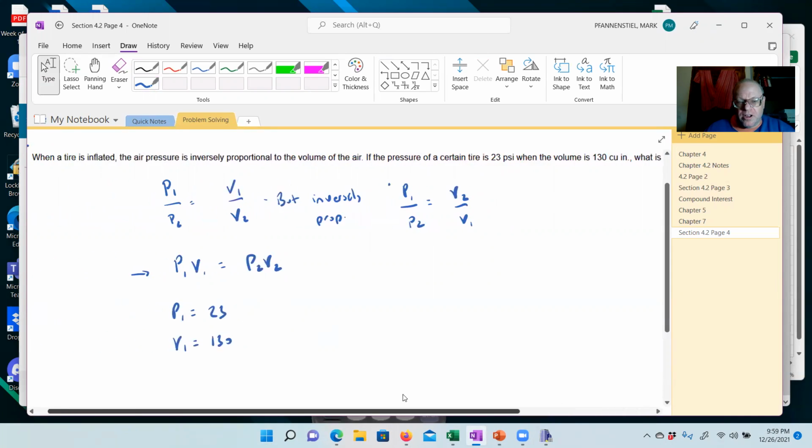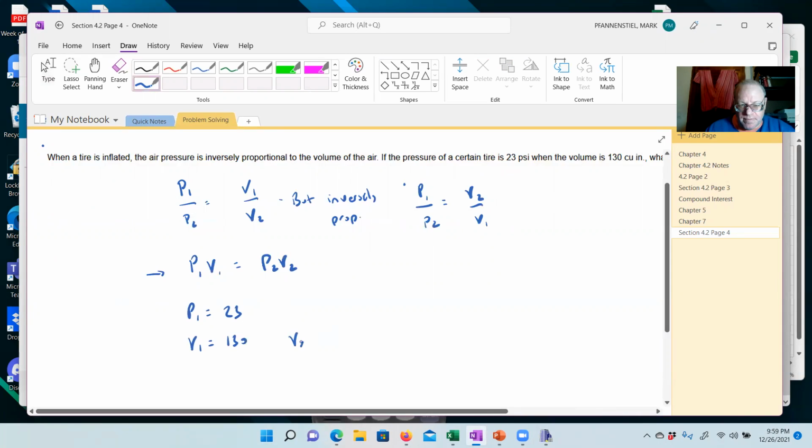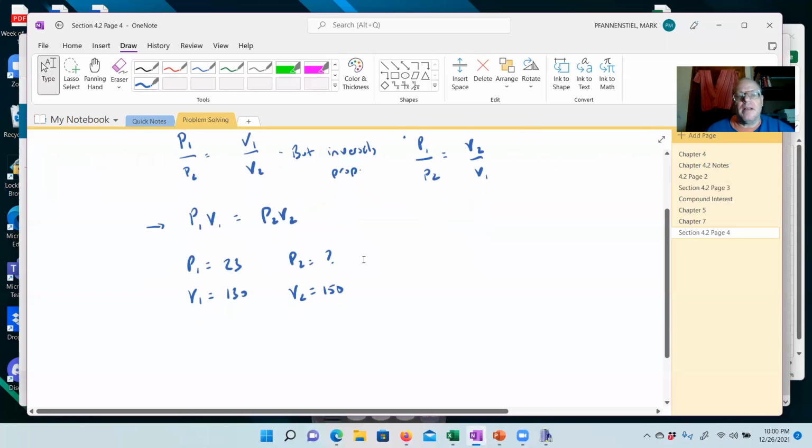Volume 2 is 150, and P2 equals, well, I don't know. So we're just going to set this up. P1 is 23. P2 is P2, because I don't know what that is. V2 was 150, and V1 was 130.